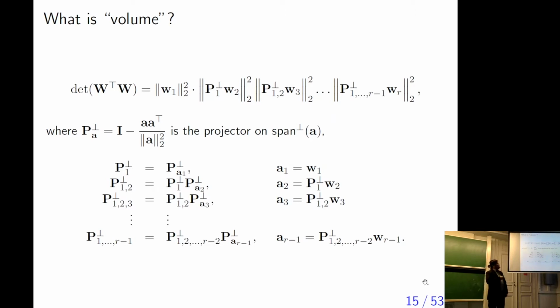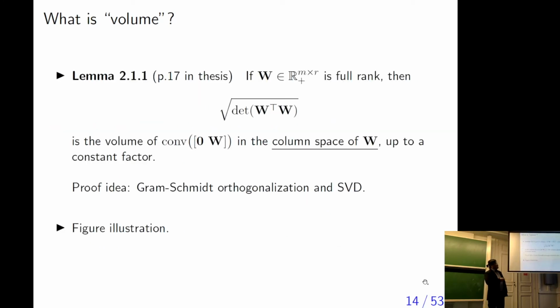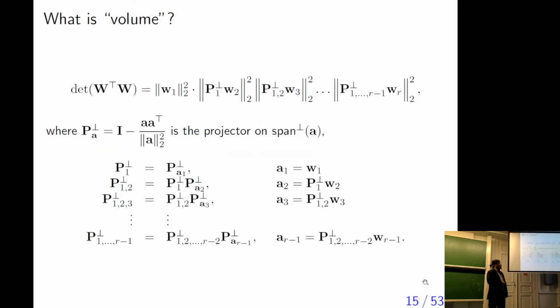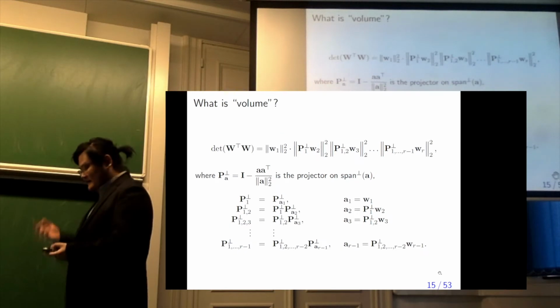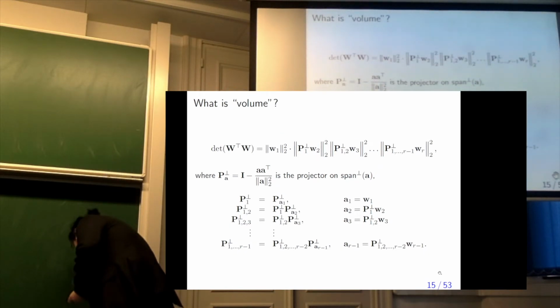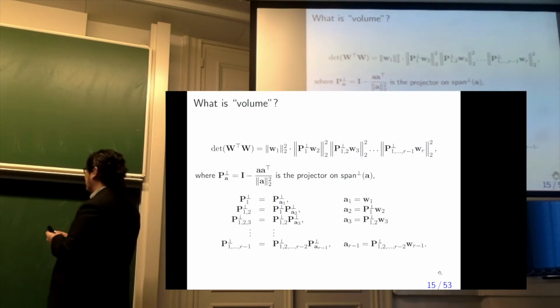So this is actually the length multiplied by length squared. That's why if you take the square root, you get the volume. So this is the geometrical interpretation. If you want a diagram, basically you have a parallelogram in high dimensional space.